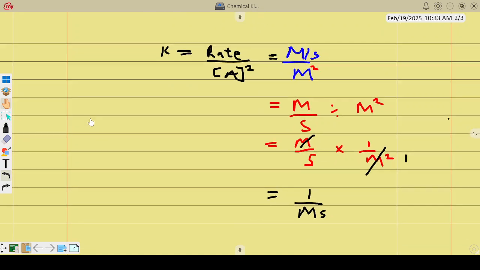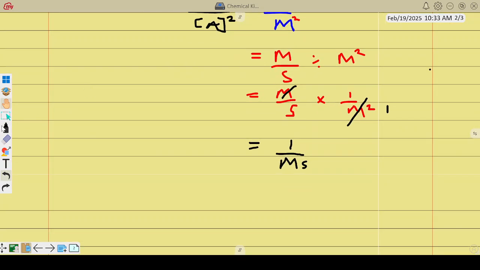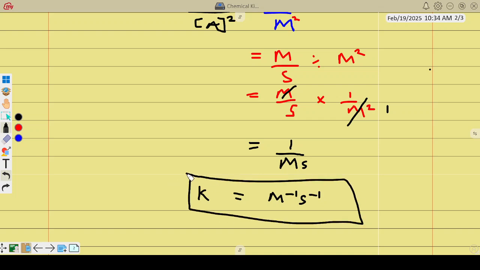And in dimensional analysis, I taught you that these are the units for the constant. So to get rid of the fraction, the powers here will be negative. So it means we're going to have M negative 1, s negative 1, and therefore these are the units for the rate constant in the second order reaction.